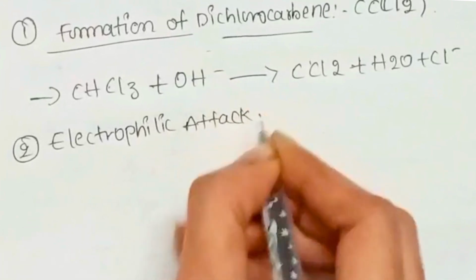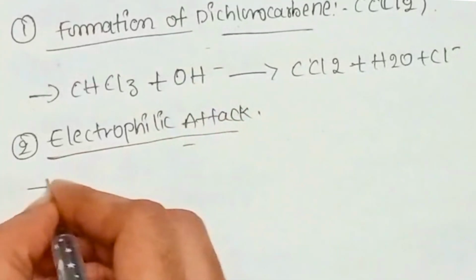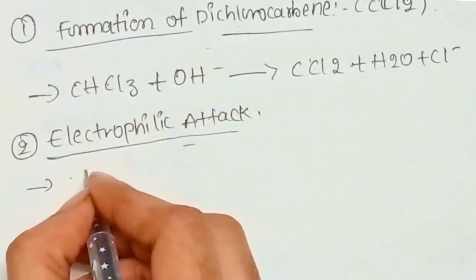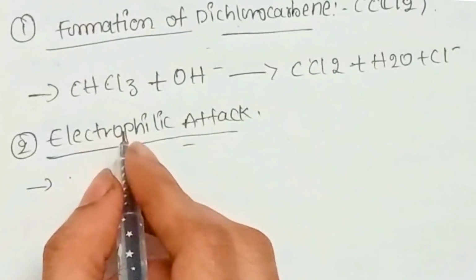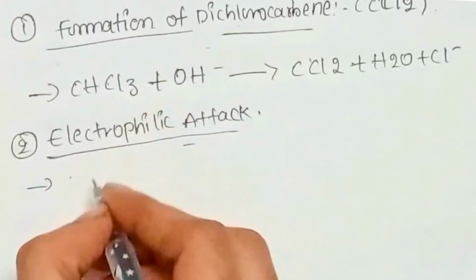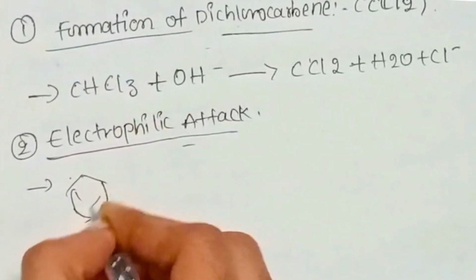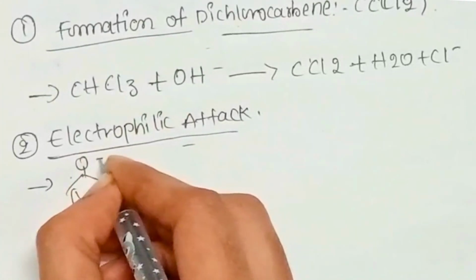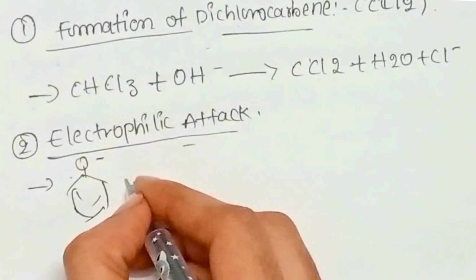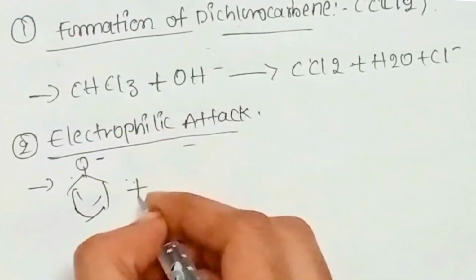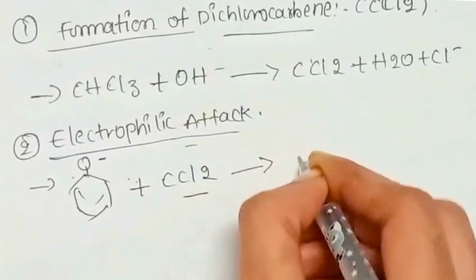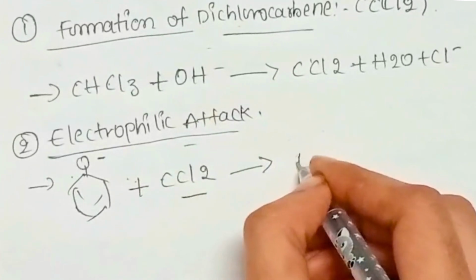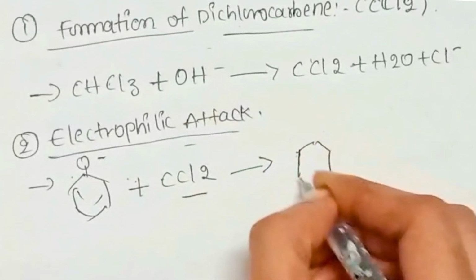What happens in this step? The phenol in the compound, when it is deprotonated by sodium hydroxide, leads to the formation of phenoxide ion. And when this phenoxide ion is attacked by the dichlorocarbene, it leads to the formation of an intermediate compound.